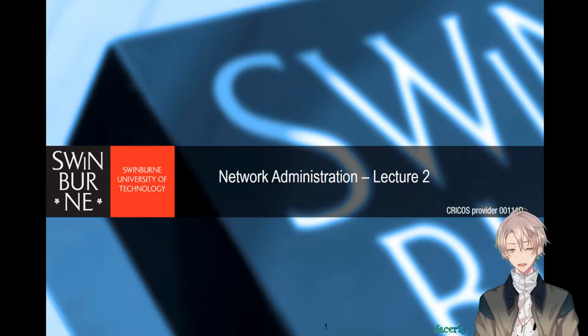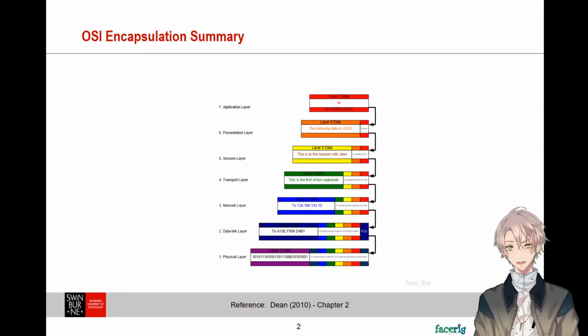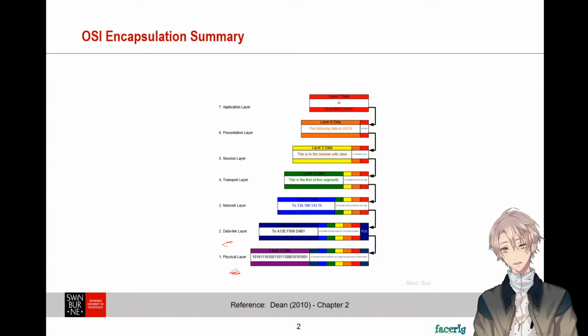Before we go further into lecture 2, I would like to show you all the summary of the previous lecture, such as the OSI encapsulation summary. As you can see over here, we have our physical layer, which is your wires, and then your switch at the data link layer, which communicates data within a local area network.